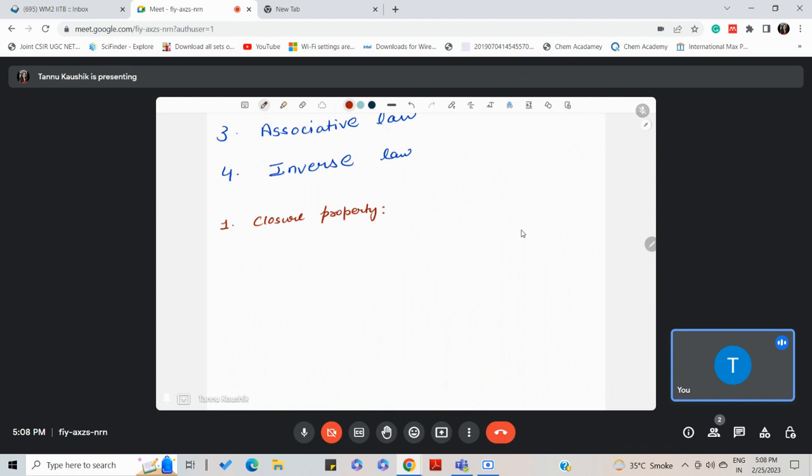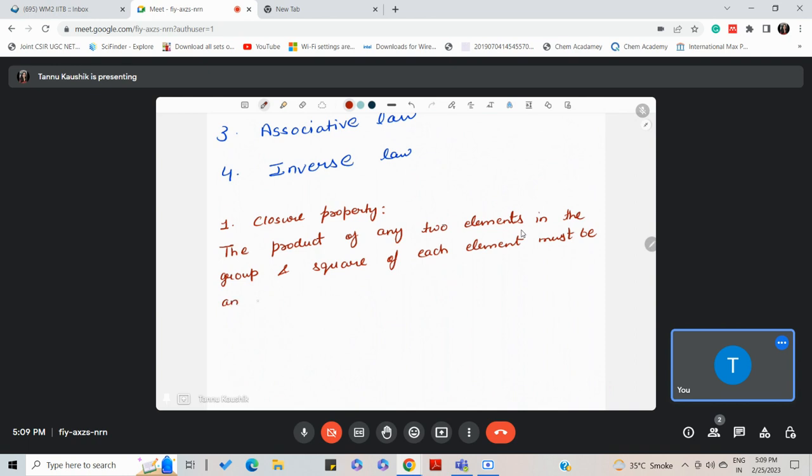It says that the product of any two elements in the group and square of each element must be an element of the same group. I will be showing it with the help of an example.